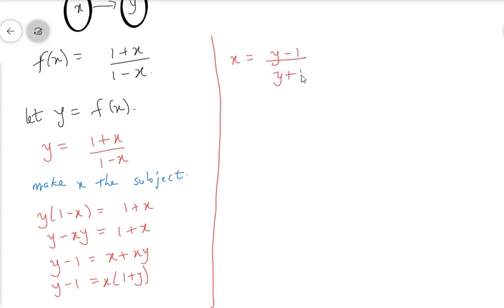Now, if you are very okay with domains of functions, that's where you're going to apply the knowledge of domain. When it comes to range, we're looking at all possible values of y that will make x to be defined.